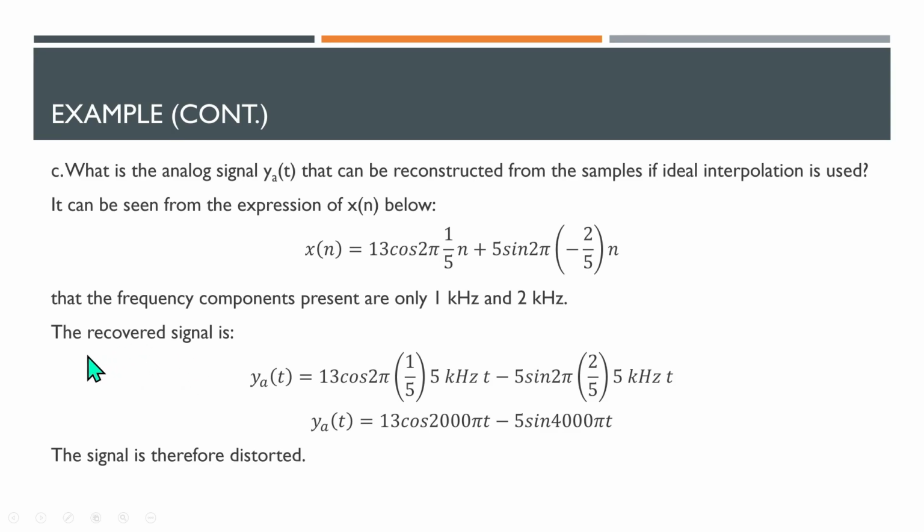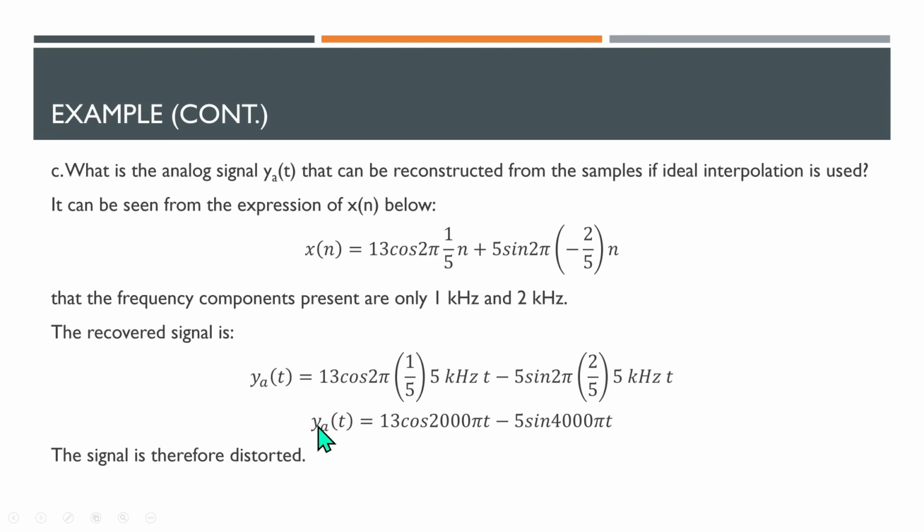Therefore, the recovered signal is y sub a of t equals 13 cosine 2 pi 1 over 5, and then multiply the sampling rate of 5 kHz t minus 5 times sine 2 pi 2 over 5 times the sampling frequency 5 kHz t.